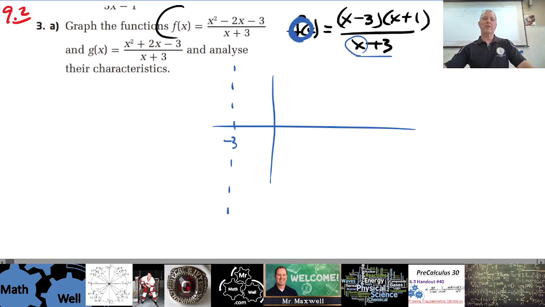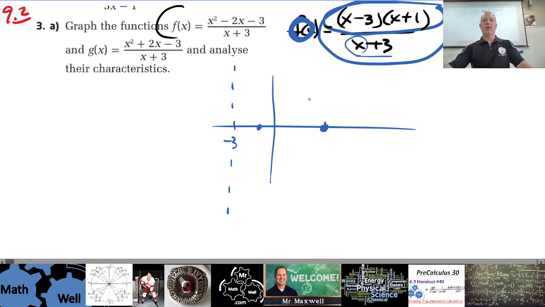This whole thing is going to be 0 when the top is equal to 0. This is the zero product principle. The top is 0 when one or both of these factors are 0. So x equals +3, that's an x-intercept. x equals -1, that's an x-intercept.